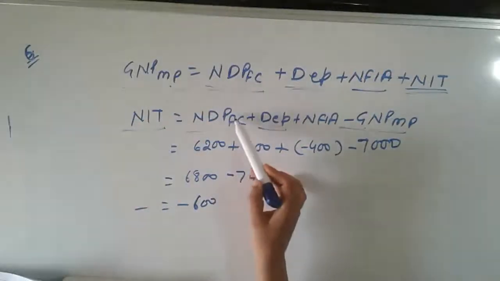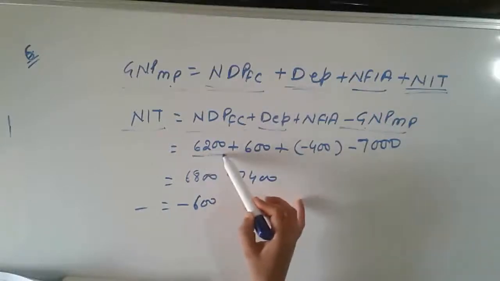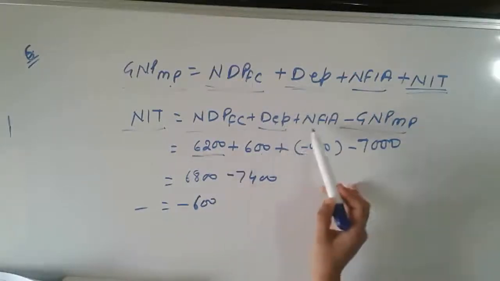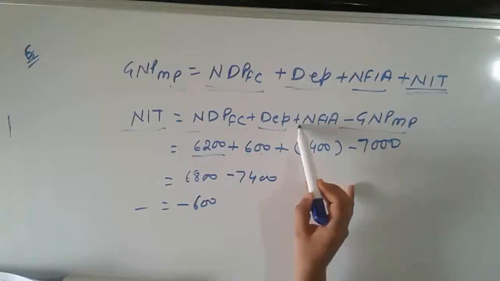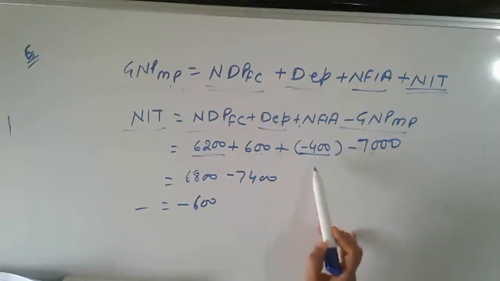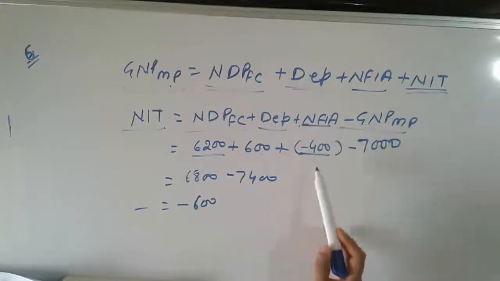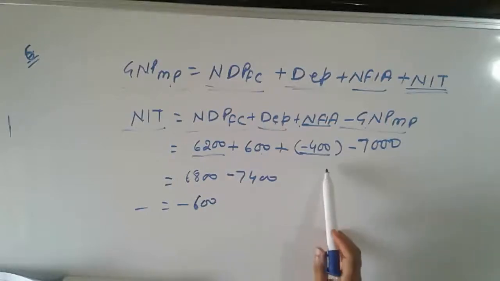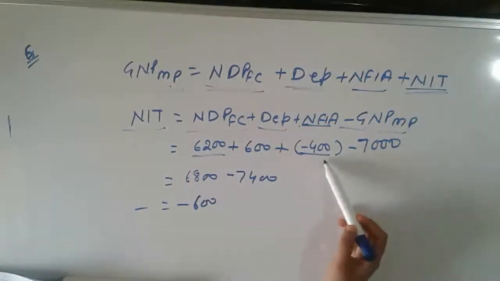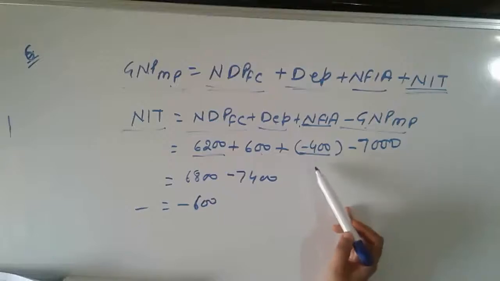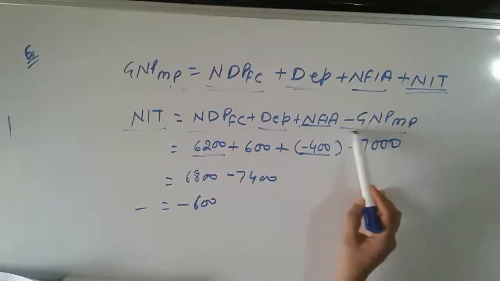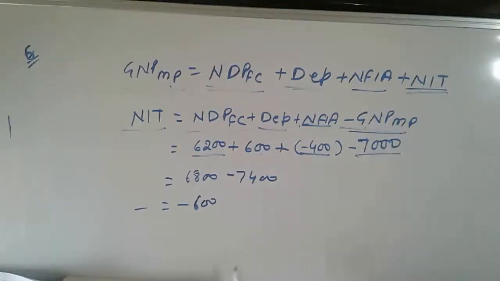By putting in the values, NDP at FC is 6200, depreciation is 600, and net factor income from abroad is minus 400. Net factor income from abroad is negative, which means the factor income to abroad is more, while the factor income from abroad is less. Minus GNP at MP, which is 7000.